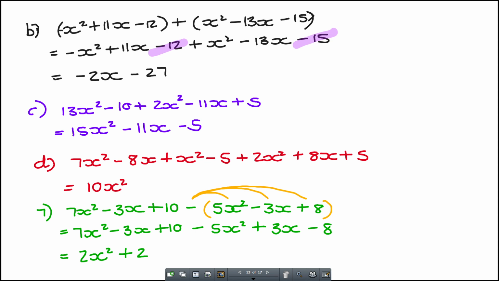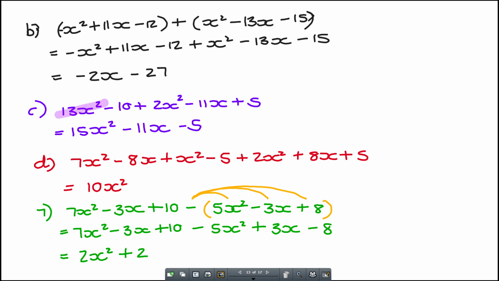Okay, now you'll see at C and D I started skipping the question right in the beginning. At C, there was a plus in front as well. So this was your first step, getting rid of the bracket. But because there was a plus in front of the bracket, nothing really changed. Then let's put like terms together.